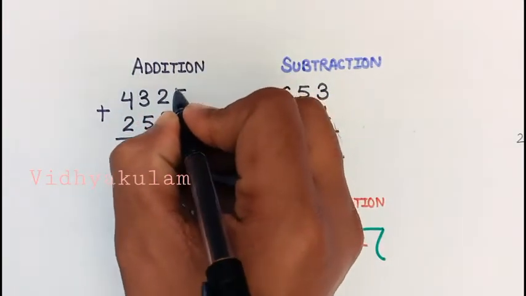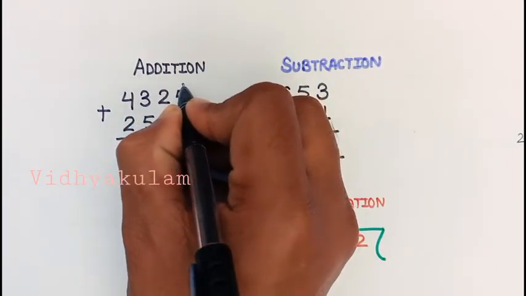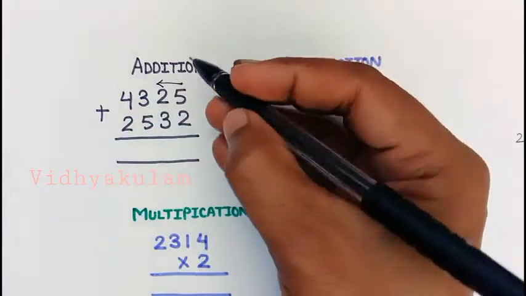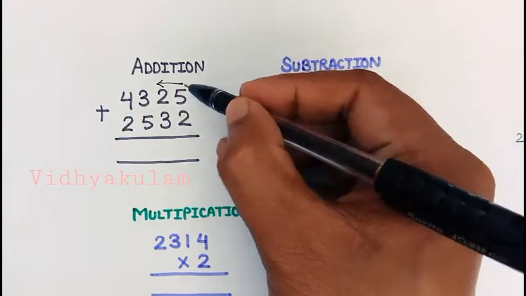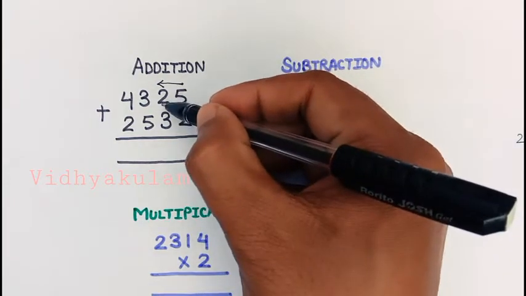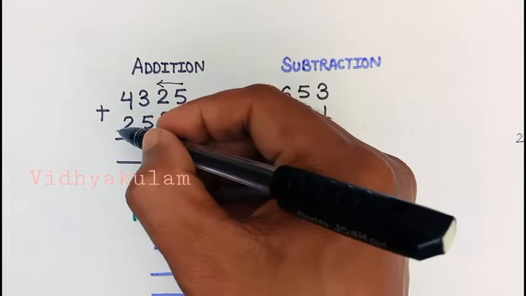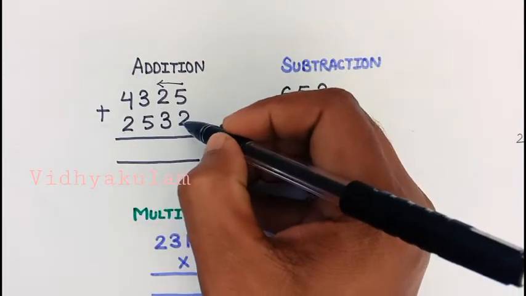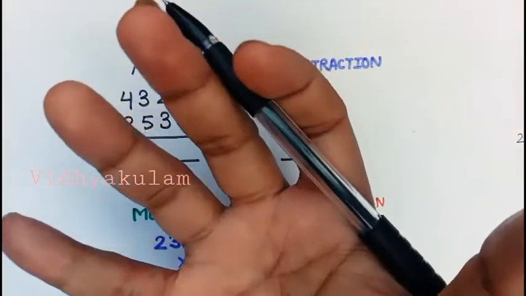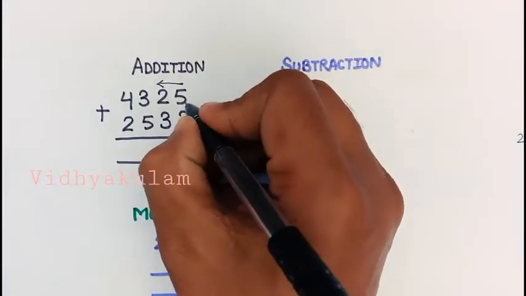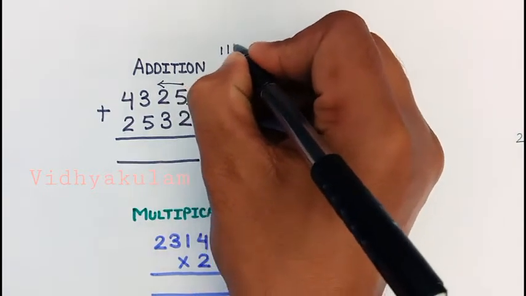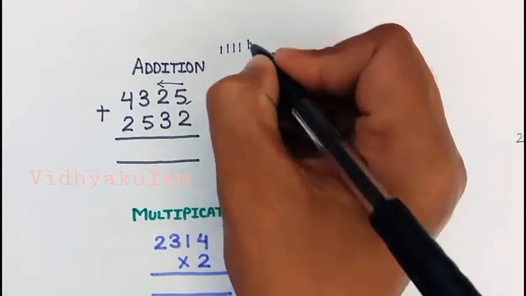Addition always starts from right hand to left hand. It means that first we will add 2 to 5, after that 3 to 2, after that 5 to 3, and the last one is 2 to 4. So first of all we will add 2 to 5. How to add? First we will draw 5 lines: 1, 2, 3, 4, 5.